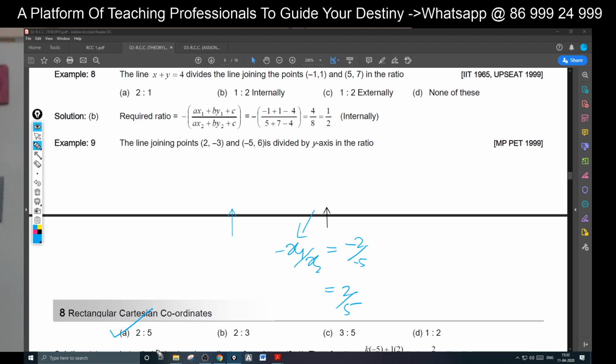Minus y1 is to y2 means minus of minus 3 by 6. Minus of minus 3 by 6, that is 3 by 6 is 1 by 2. It should be 1 by 2. Samaya, that is not 2 is to 1, it should be 1 is to 2.